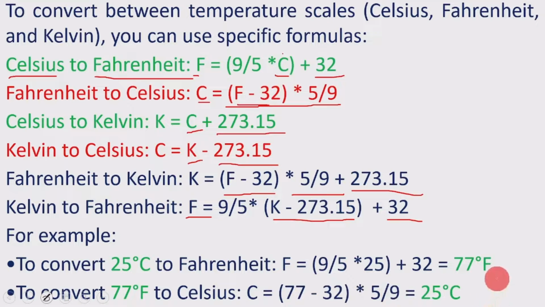We get the 25 degrees Celsius, so the interconversion verifies the formulas. This is about the different temperature scales used for the measurement of temperature and their relationship with each other.